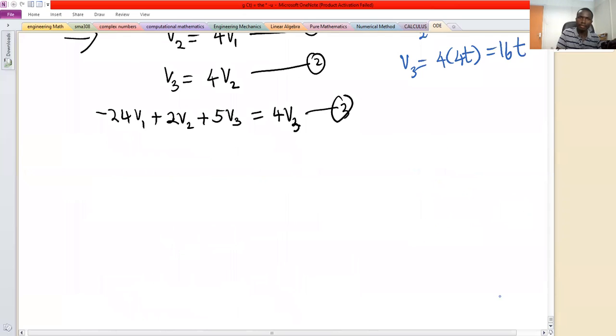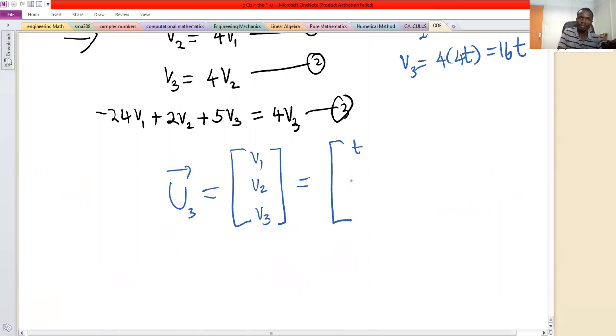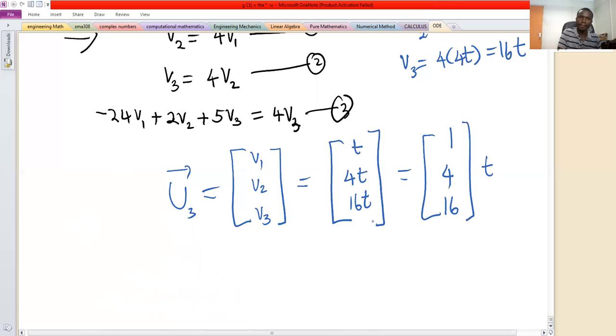So the vector U3 will be V1, V2, V3, where V1 we have let to be t, V2 is 4t, V3 is 16t. And when you factor out t, you get 1, 4, 16, then t.